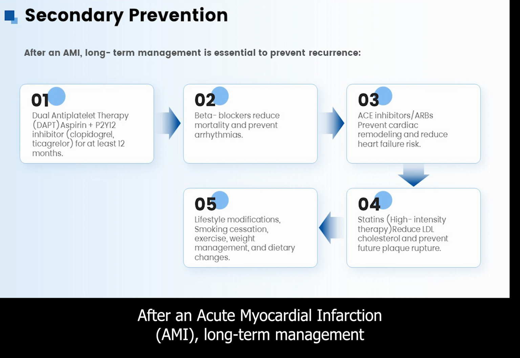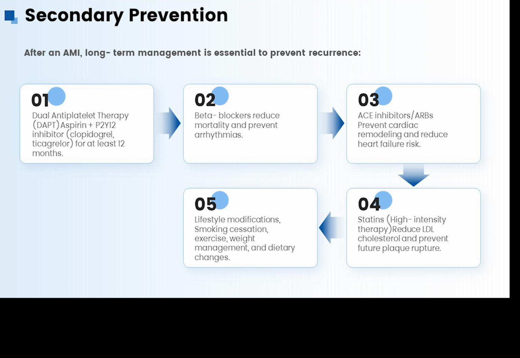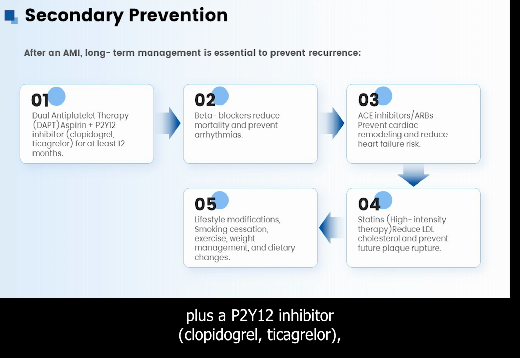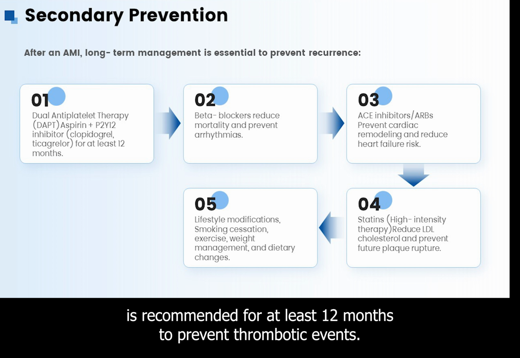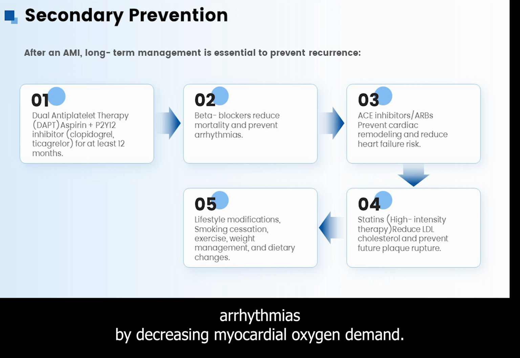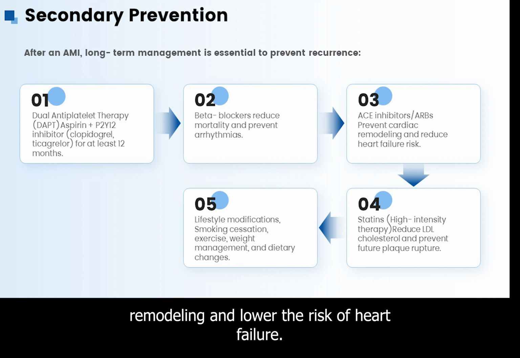After an AMI, long-term management is essential to prevent recurrence and improve survival. Dual antiplatelet therapy, consisting of aspirin plus a P2Y12 inhibitor such as clopidogrel or ticagrelor, is recommended for at least 12 months to prevent thrombotic events. Beta blockers are used to reduce mortality and prevent arrhythmias by decreasing myocardial oxygen demand. ACE inhibitors or ARBs help prevent cardiac remodeling and lower the risk of heart failure.